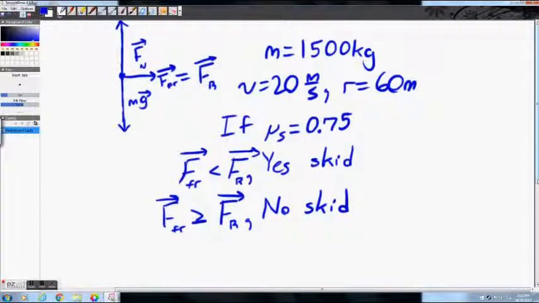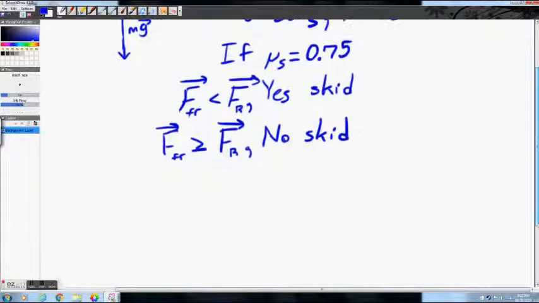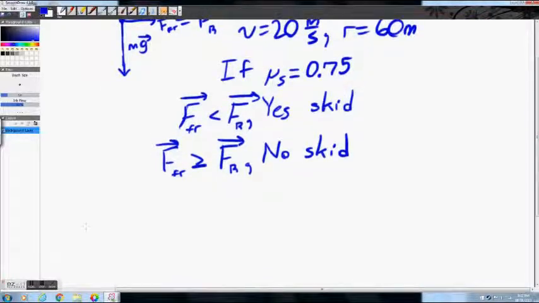If the force of friction is greater than or equal to the radial force required to round the given curve at that velocity, then we'll have no skid.